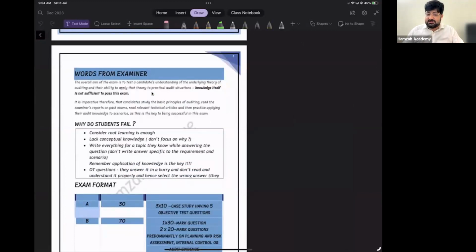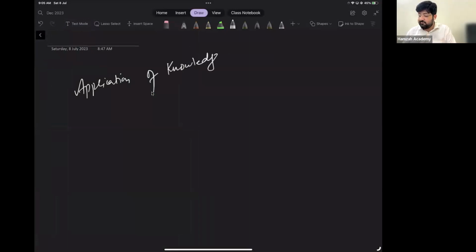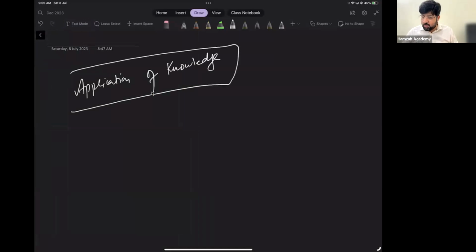Now, audit and assurance, the subject. Students, this is the subject basically which requires application of knowledge. So basically, these 3 words tell everything about the subject. First of all, knowledge.